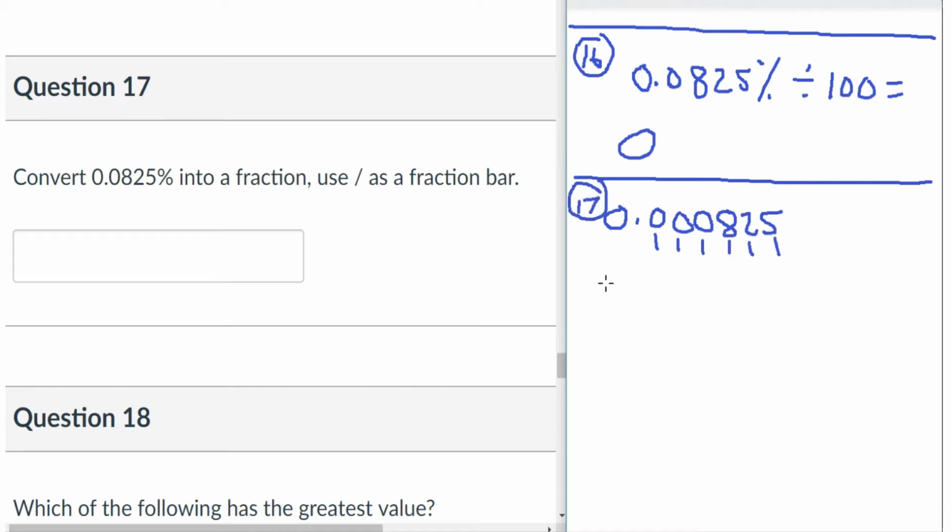So for number 17, it's going to be a million at the bottom. And on top, just put all the digits, 825. And if you're in doubt, just double check. Divide 825 by a million, multiply by 100, and you should end up with your starting percentage value.